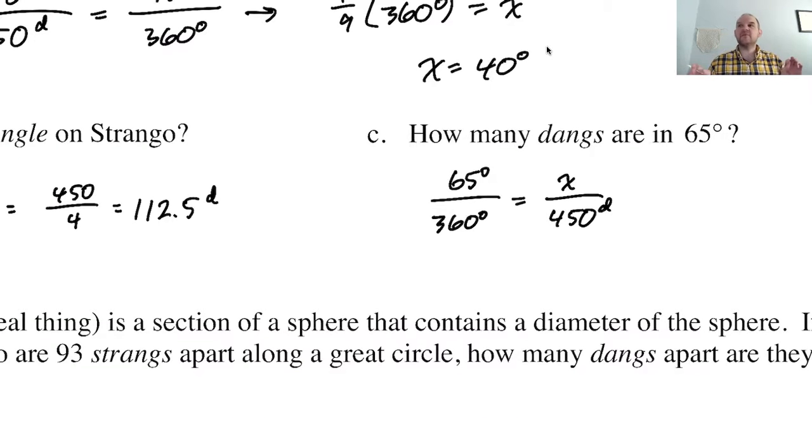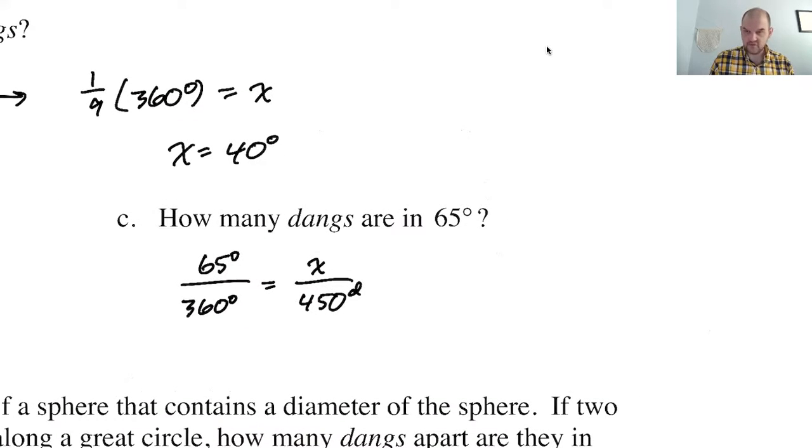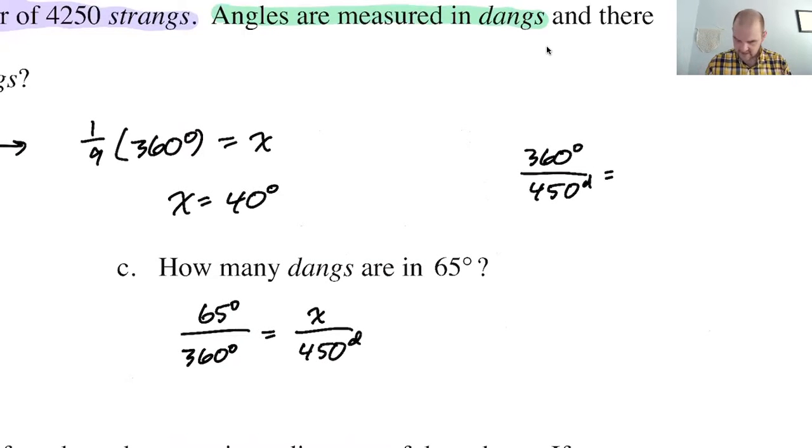If this was a planet that we were interacting with a lot, it'd probably be worth our while to work out that we have 360 degrees in one revolution and they have 450 dangs in one revolution. So we could come up with a conversion factor. This is 4/5, right?